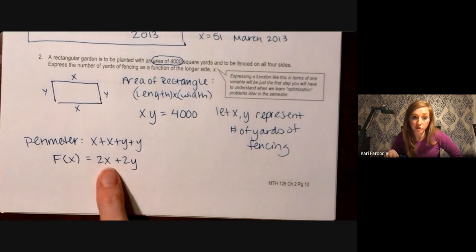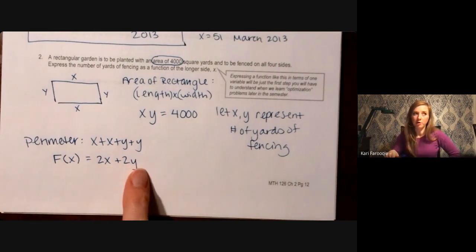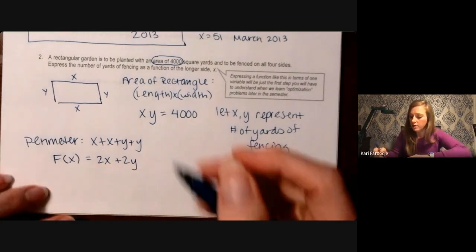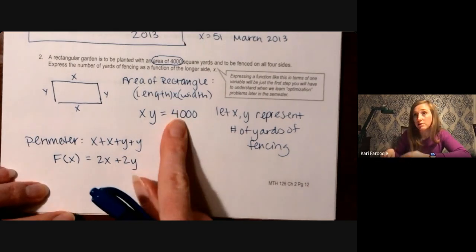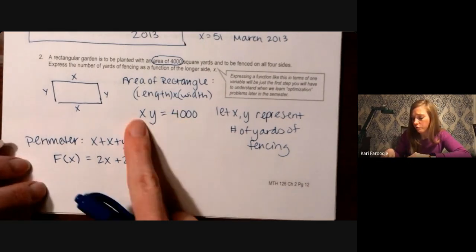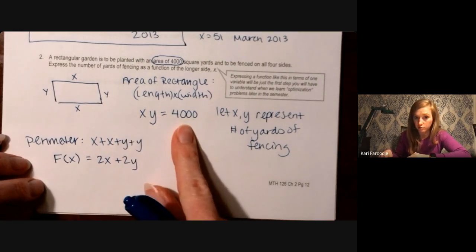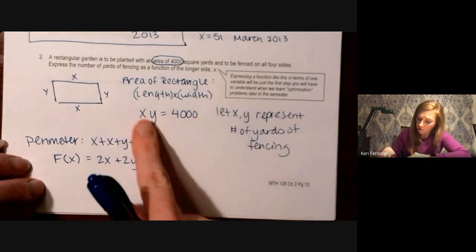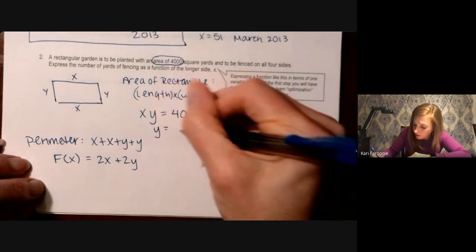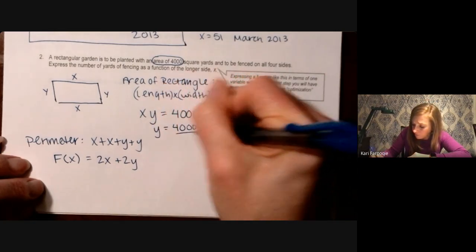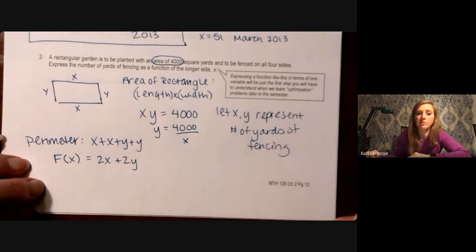Otherwise, I have a function in two variables, which is more of a Cal 3 situation. In order to get y, I'm going to use this quantity that I already have that relates x and y in a different way. If I know that x times y equals 4,000, then I know that y is 4,000 divided by x. So I'm going to have to substitute that in so I can get this function written only in terms of x.